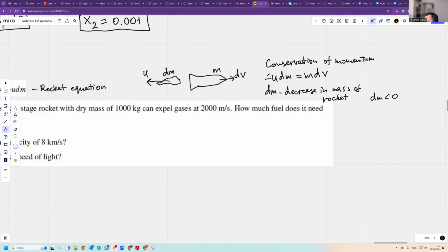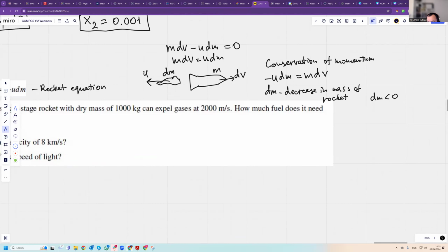No, it's not because it's in the opposite direction. Well, it is in the opposite direction, but that would give m dv minus u dm equals 0, leading to m dv equals u dm.